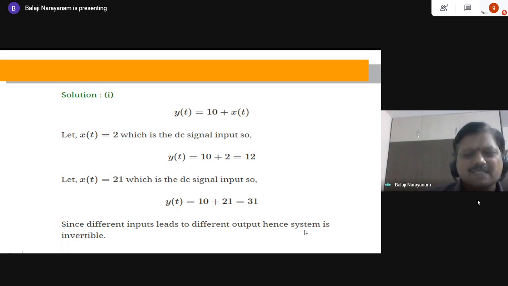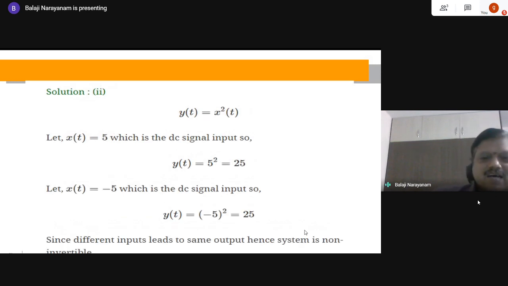Okay, that means if I apply x of t as one value, say a1, and x of t as a2, and then I find out y1 of t and y2 of t, and if both are resulting in different output values, I may say it is invertible. And if y1 of t and y2 of t are the same, then it is non-invertible.